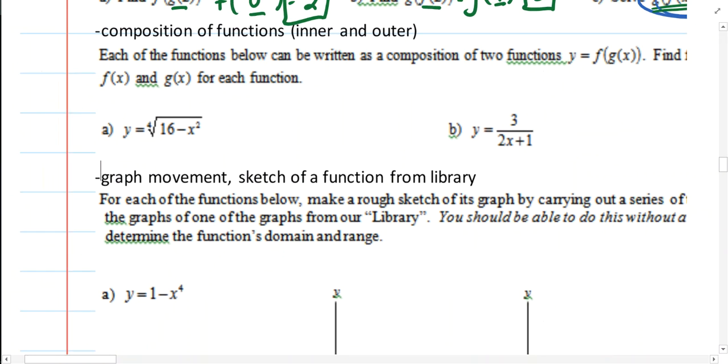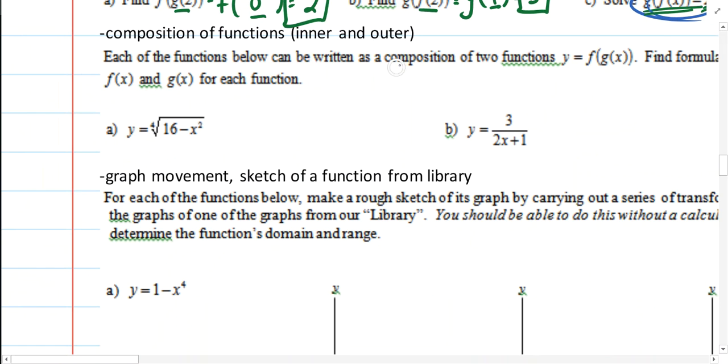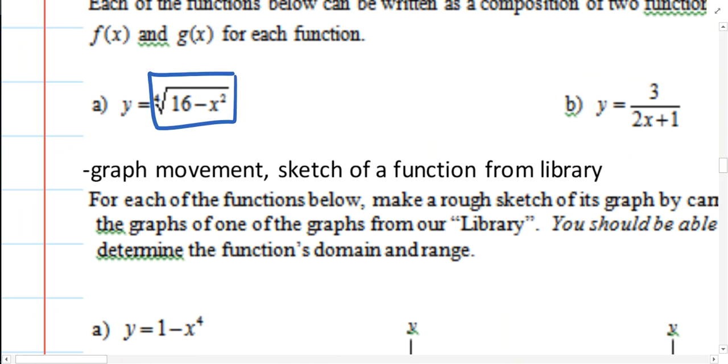And so the instructions here are saying that this function y can be written as a composition of two other functions. And our job is to find formulas for f and g so that f acts as the outer function while g acts as our inner function, and both, when composed together, will be this function composed.